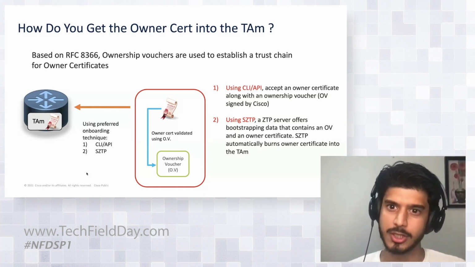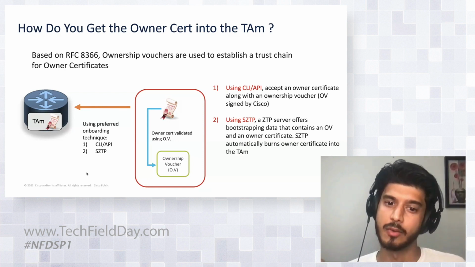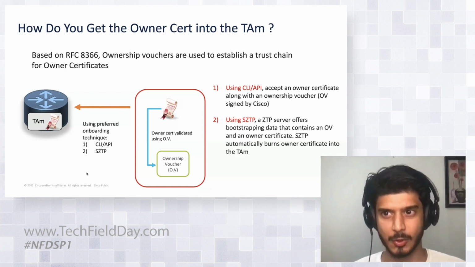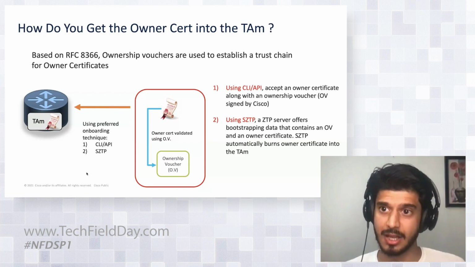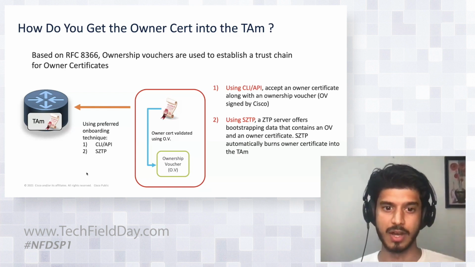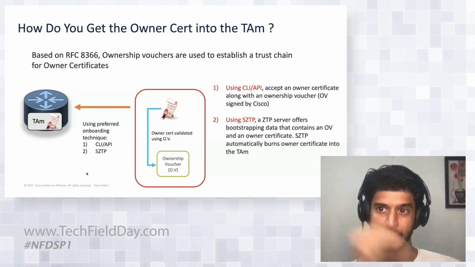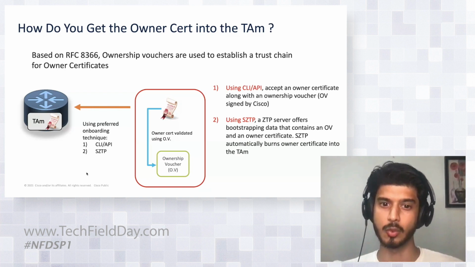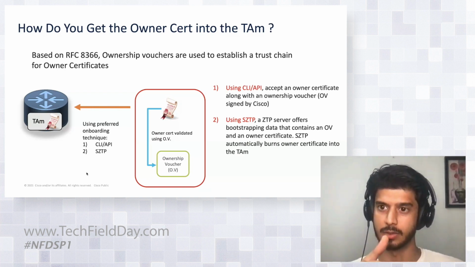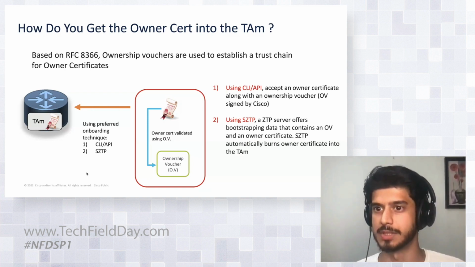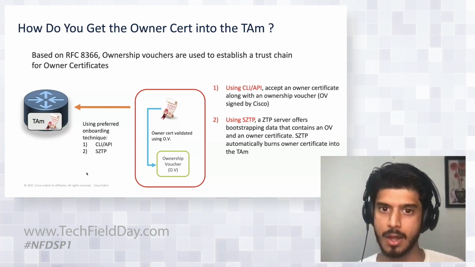Well, because this ownership voucher will be signed by the vendor, in this case, Cisco. And that is how you create a trust chain where the device accepts the signature of the ownership voucher based on the keys that are already burned by Cisco manufacturing into the TAM, uses that to validate the owner cert, and pushes it into the TAM. And you have ownership establishment effectively.